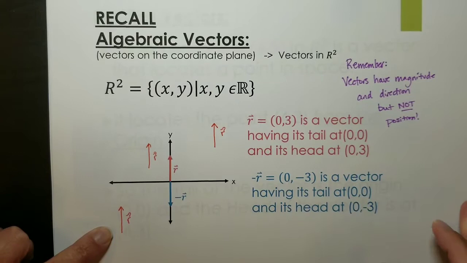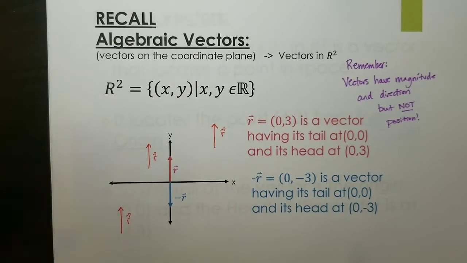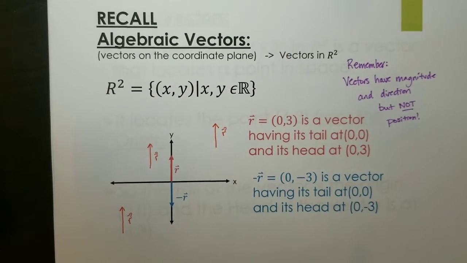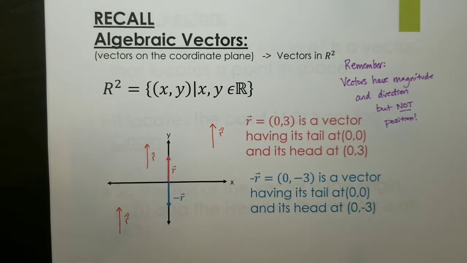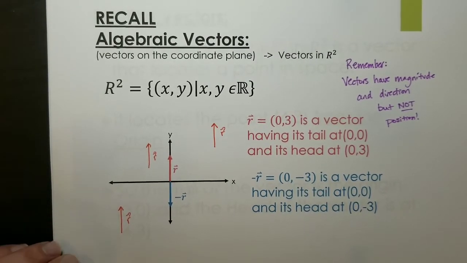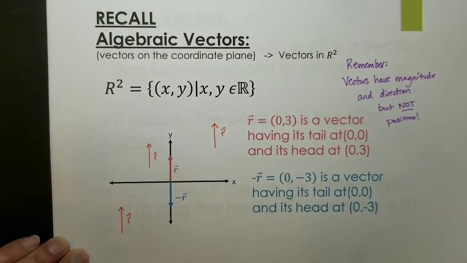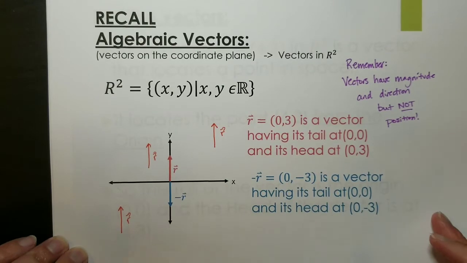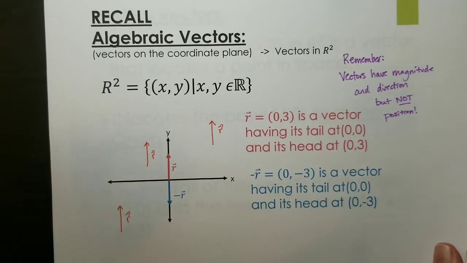The location is totally arbitrary, but to give ourselves a good notation for describing algebraic vectors, if we start them at the origin, then it's really nice and easy to define them as where they end. If you start at the origin and follow that vector, where does it end? So that just gives us a nice easy notation. And of course that negative r vector is shown there as well.